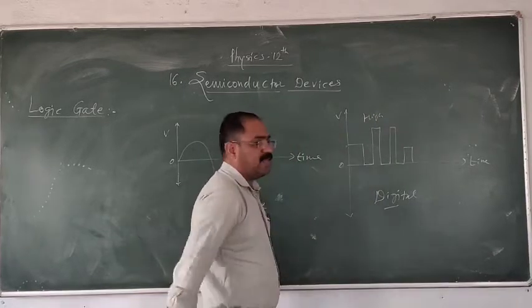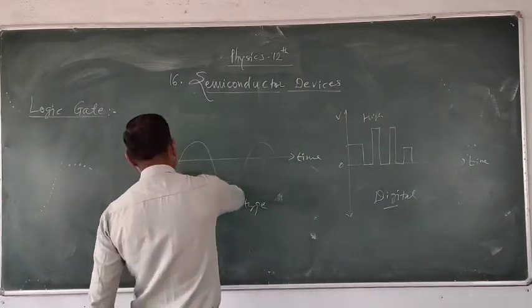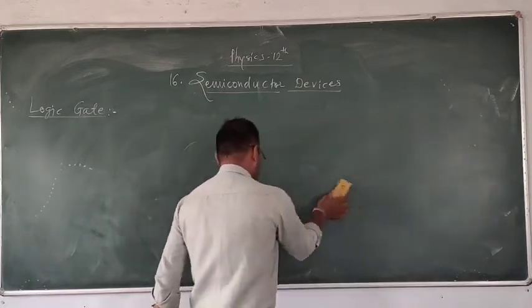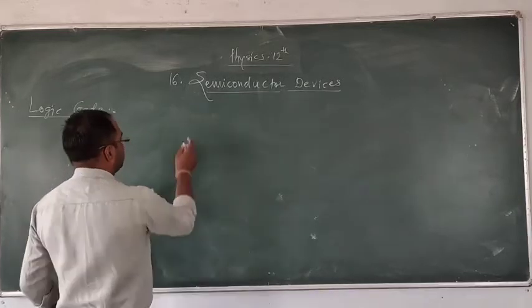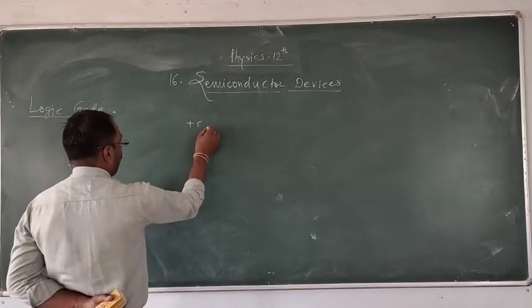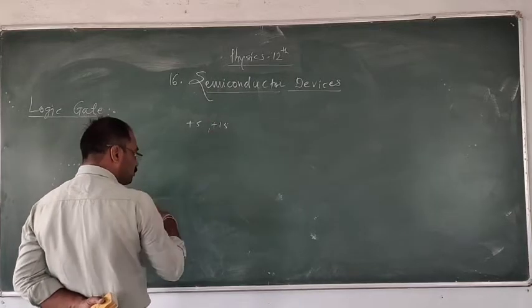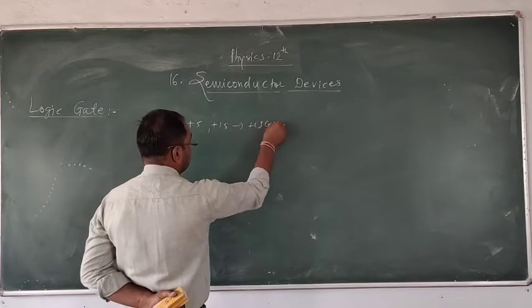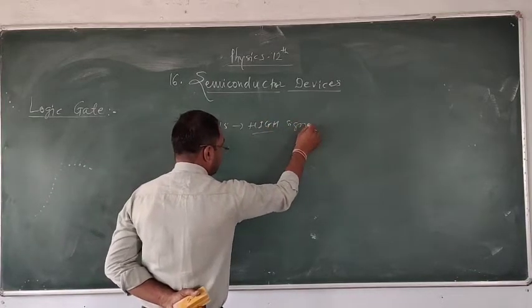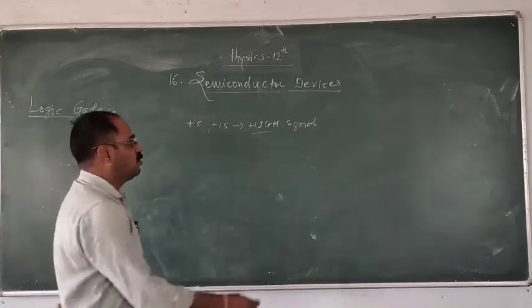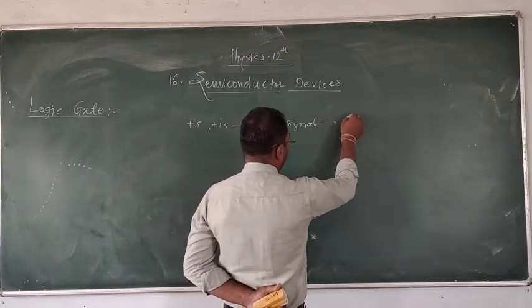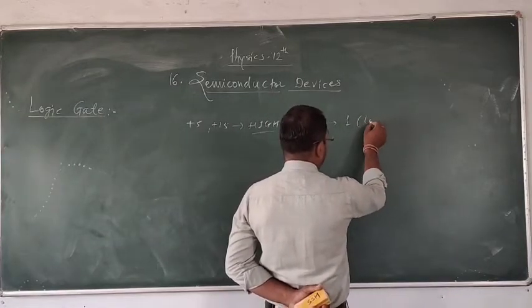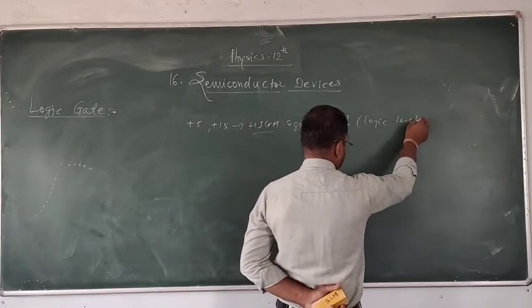In the field of electronics, if there is an application of voltage, plus 5 volt or plus 15 volt, it is called a high signal. This high voltage signal is represented by the logic level 1.